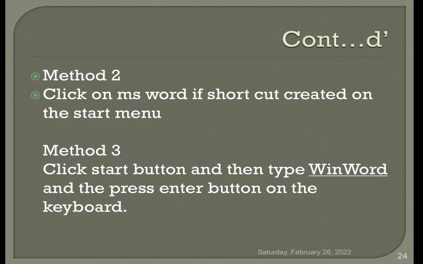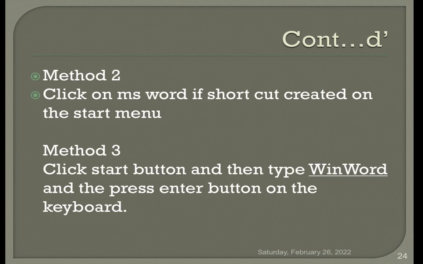So what you do, you press the Windows button on the keyboard and R. It's a shortcut, a combination key. You press the Windows button down without releasing, you press R, and it will bring up a command box where you type winword.